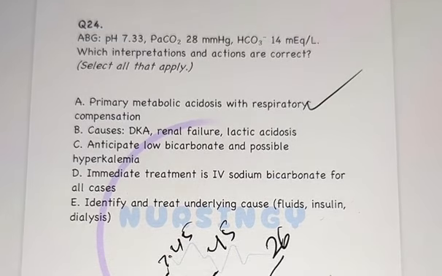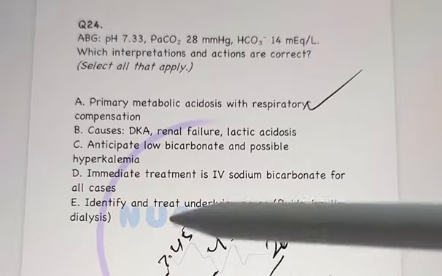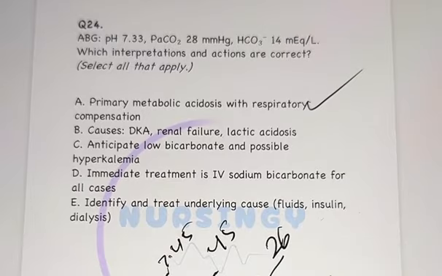All three are abnormal, so this is partial compensation. If it is fully compensated, then the pH needs to be within the normal level.